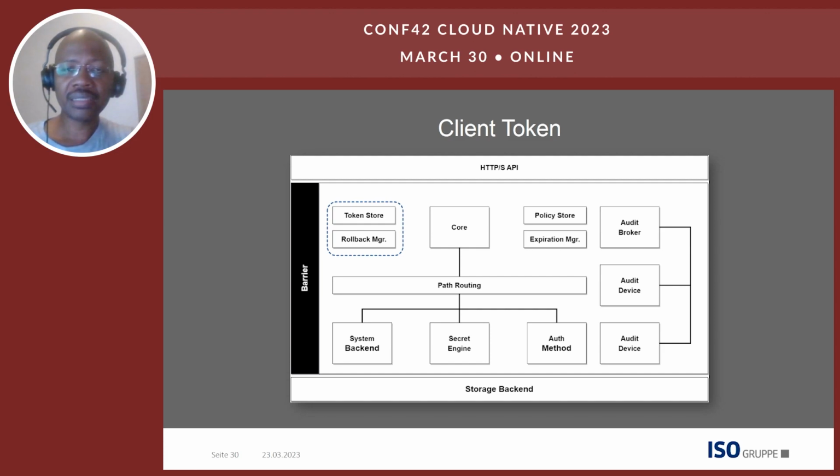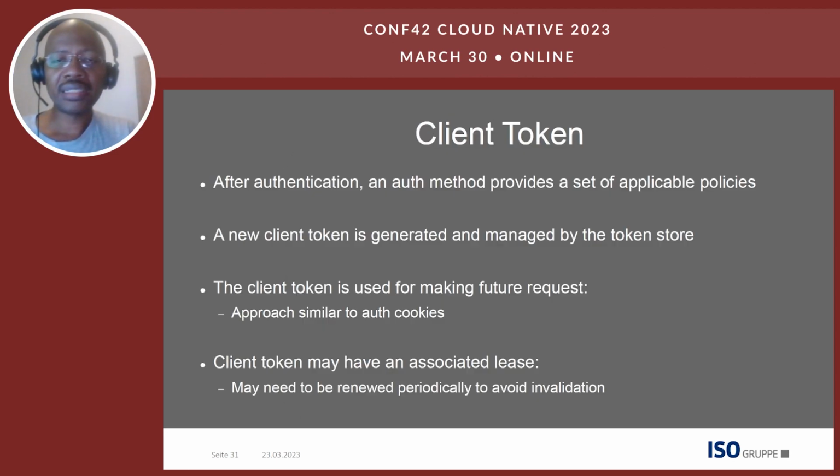Client tokens are the default and preferred mechanism for authentication used by Vault, and once a request has been authenticated, a client token will be generated and it will be associated with a list of policies as well as the user identity, through which the user can then, in subsequent requests, access the sensitive information he would like to retrieve.